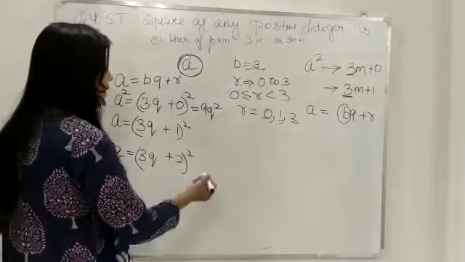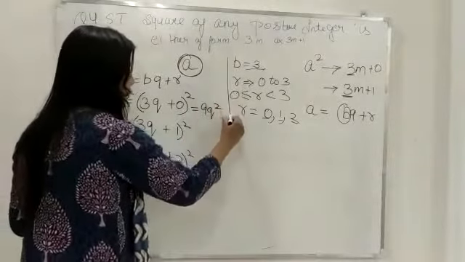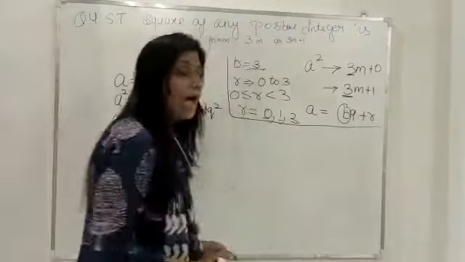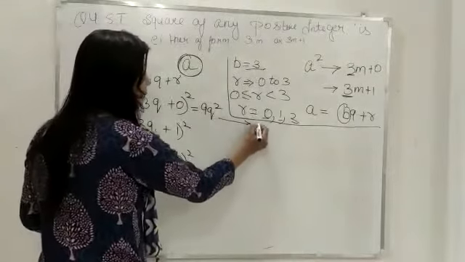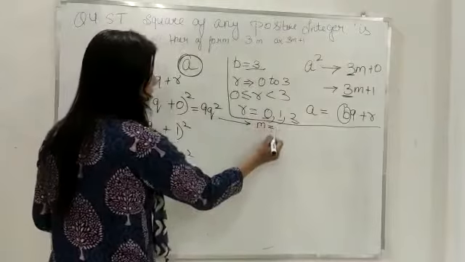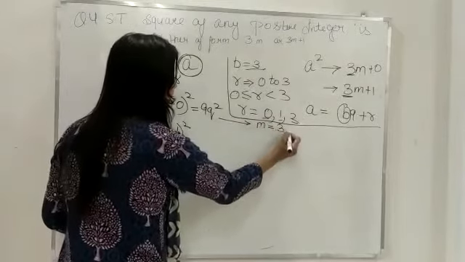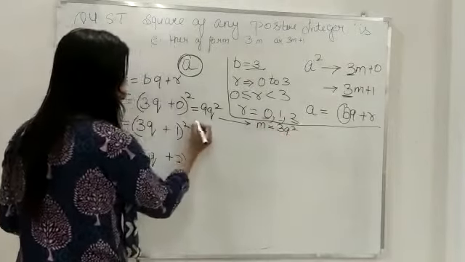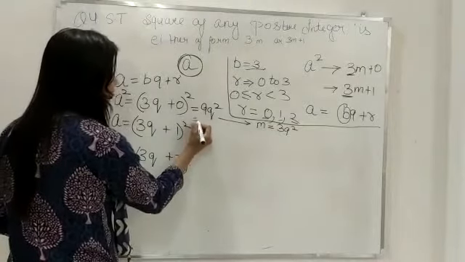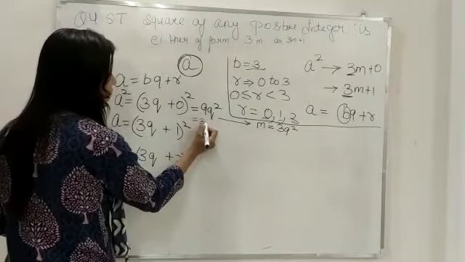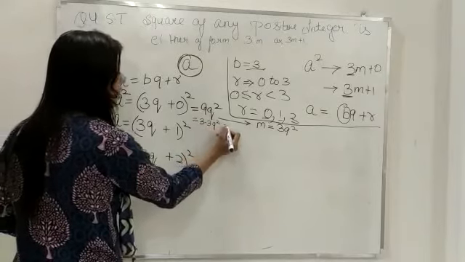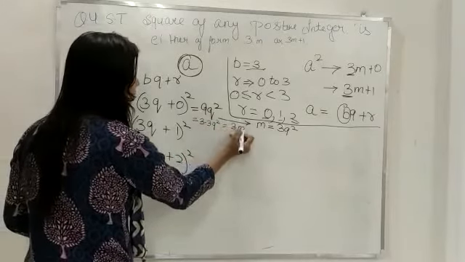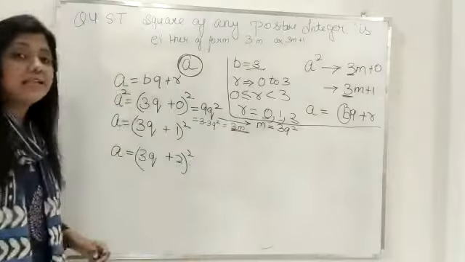Suppose my m is 3q square. So what I can write here is 9q square as 3 multiplied by 3q square, or I can say it is 3m. Why have I done it like this?